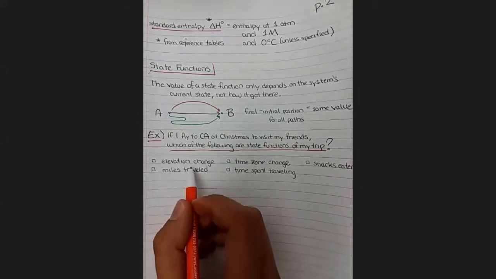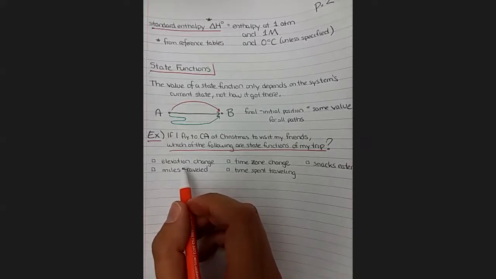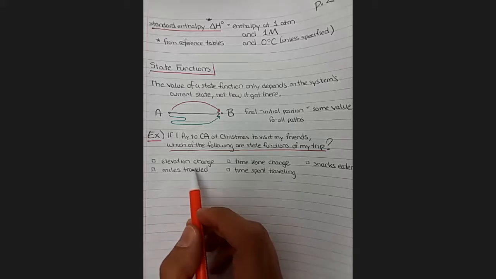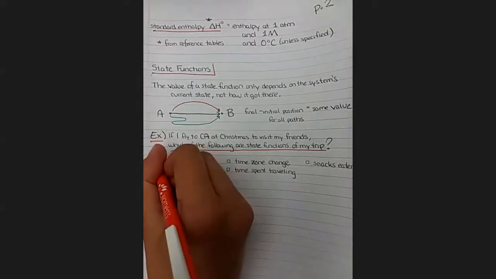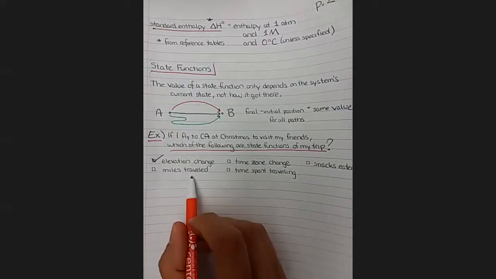So elevation change. Let's see, California has a particularly low elevation, and Wisconsin also has a particularly low elevation. And no matter what day that I decided to fly there, the elevation of Wisconsin and California would always be the same. However, for the miles traveled, that may differ from day to day.